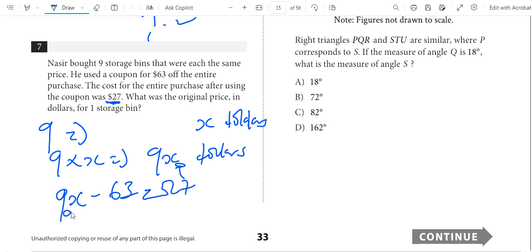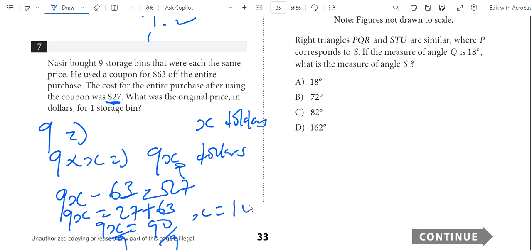Now from here I could have 9x equal 27 plus 63. I'm going to get 9x equal 90. So if I go on to divide both sides by 9, we can clearly see that the x value equals 10. And we know that the initial price for the storage bin is $10.